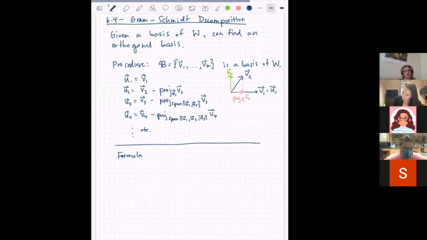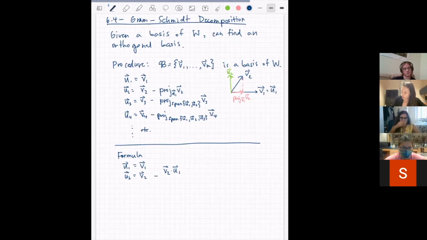So again, U1 is equal to V1, and then U2 is going to be, like we said, V2 minus this projection, which is going to be V2 dot U1 divided by U1 dot U1 times U1. So it's the projection of V2 onto U1. Right, that's the formula that we had for the projection.